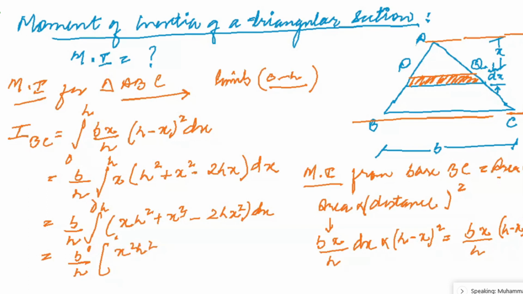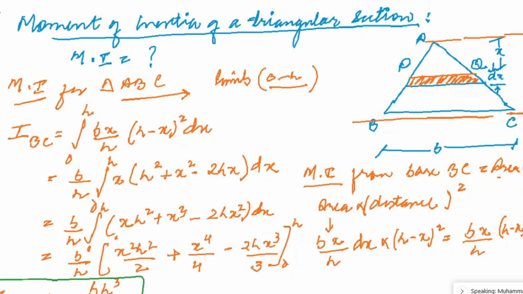And giving the values of the limits, which is 0 to h, it comes out as bh cube by 12. This is your moment of inertia about BC.